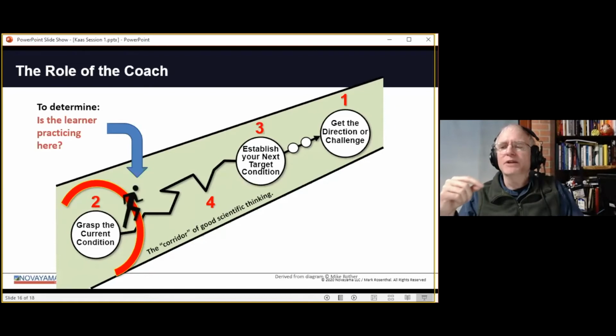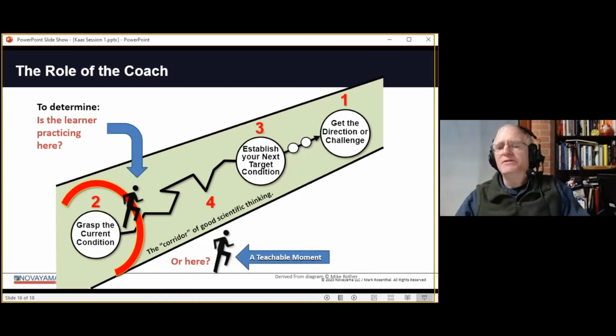How did you get there? Are you following and teaching our process? So is the learner practicing inside the rails, or is the learner deviating, jumping to conclusions? That's a teachable moment. So the coach's job now is to ask additional questions, to follow up, and to get the learner back on track.